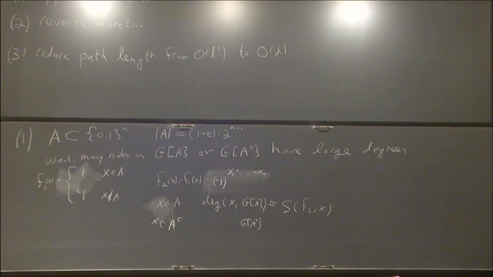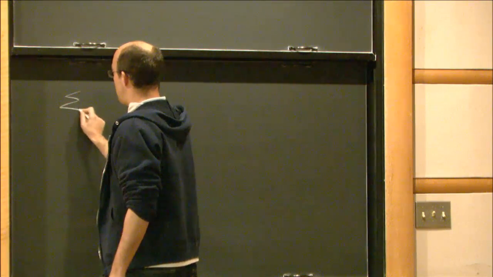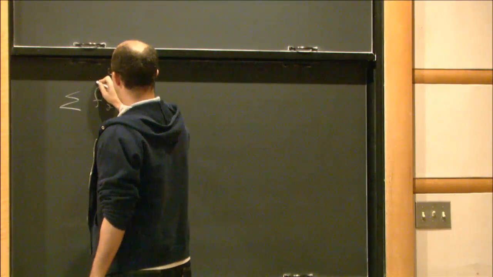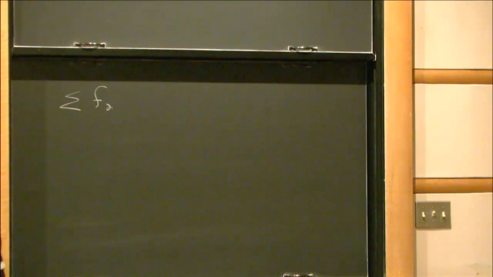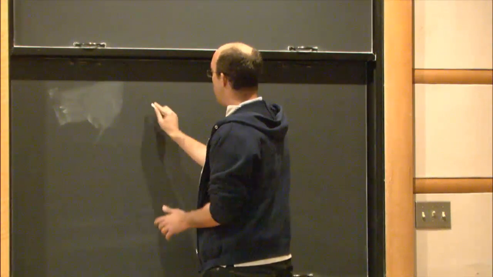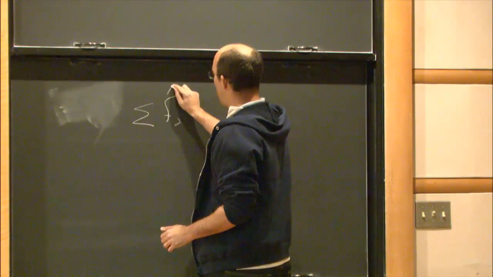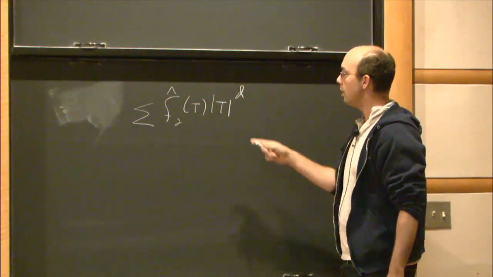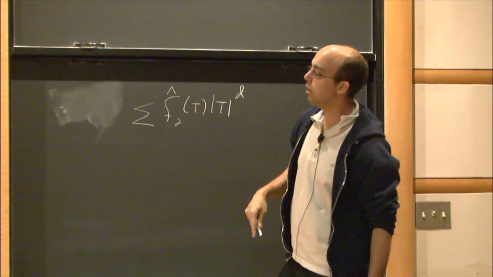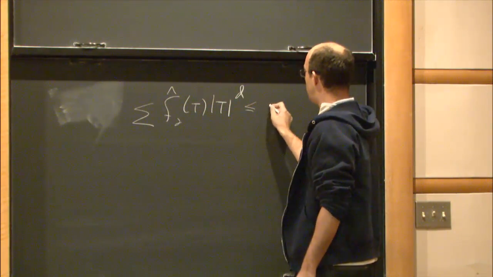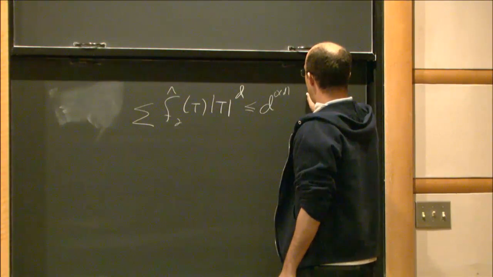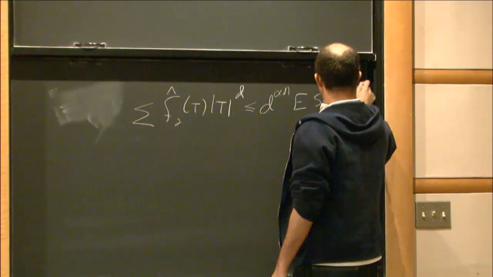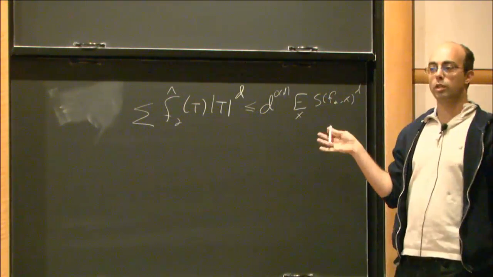Our theorem was that if I look at the sum of f2 hat of t to the d, where d is some parameter I will optimize in a bit, somehow depending on epsilon, this is controlled by something like d to the order d times the average sensitivity of f2 at x to the d. So this is just our theorem applied to this function f2.